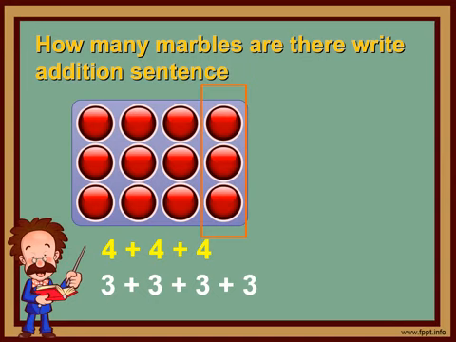So either I'm going to write it by rows, 4 plus 4 plus 4, each row has 4, or I can write it by columns, each column has 3, so it's 3 plus 3 plus 3 plus 3. Okay, this is your addition sentence. So you took all that before, right?